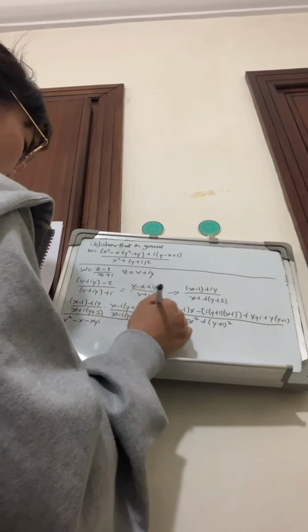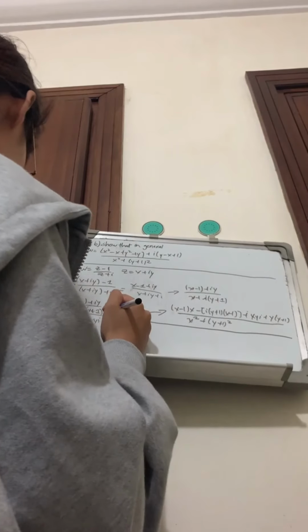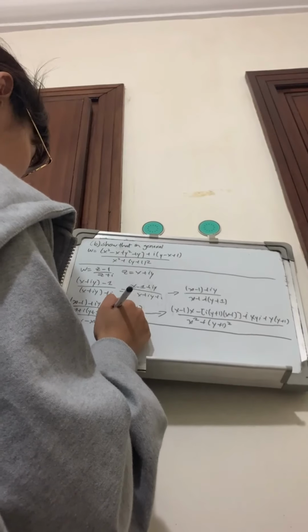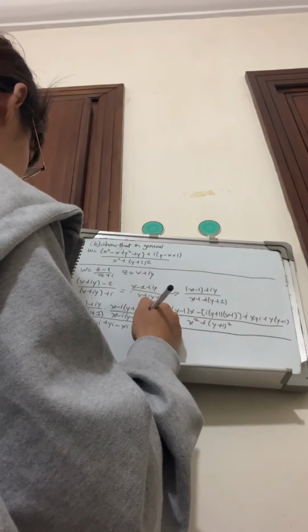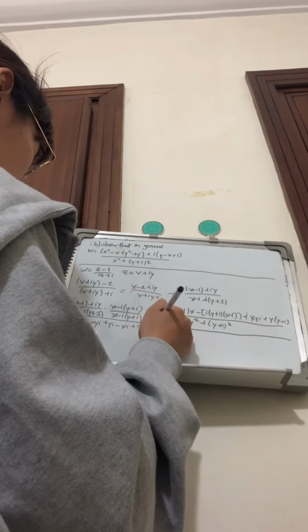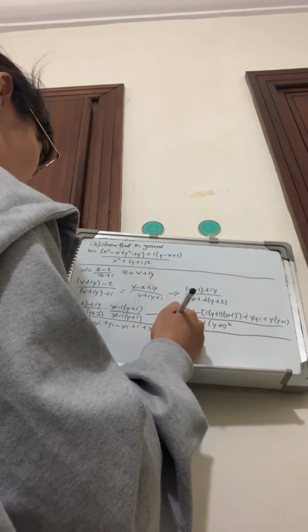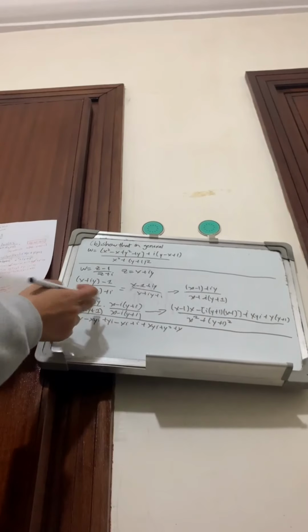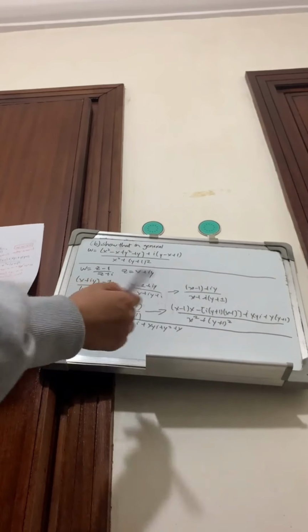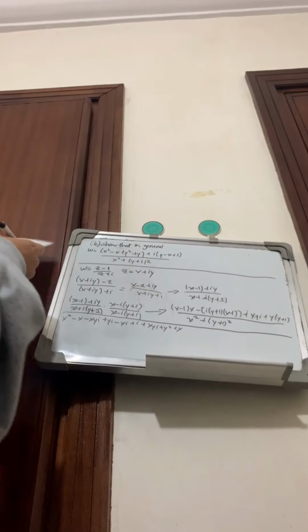Just draw a line so we don't get confused. Let's just ignore the denominator for now. So we just gotta simplify the numerator.